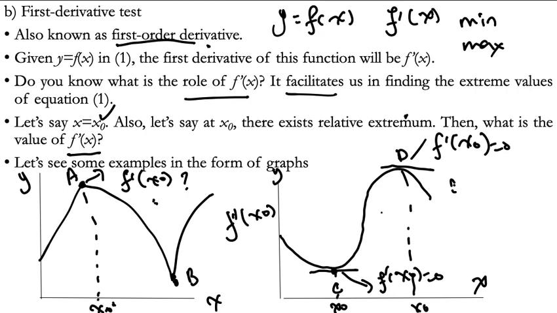For a relative extremum to exist in graph number 2, f prime x0 must be 0, isn't it? However, in the first graph, it doesn't exist. So f prime x0 being 0 is just a necessary condition. Okay, it's not a sufficient condition.